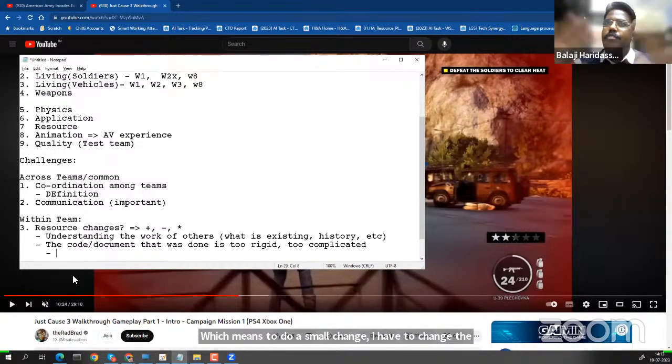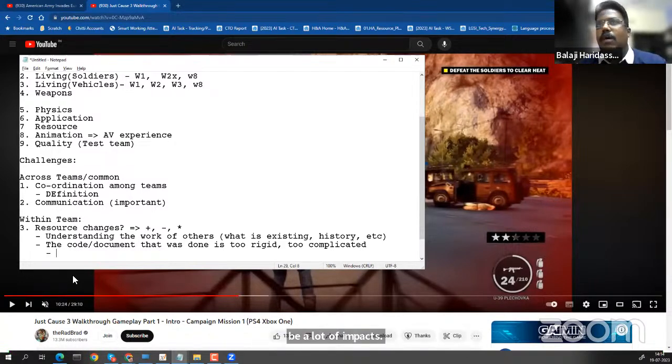So when I change the code in many places, I have to test so many functions. That could be a lot of impact. That could be a lot of errors coming out of this. It could break existing functionality. All these problems could come, correct?